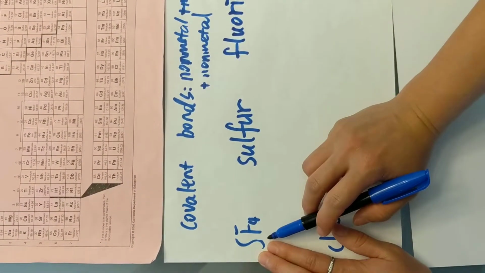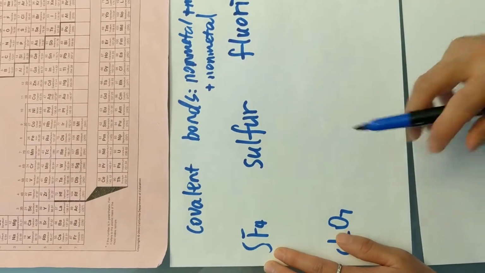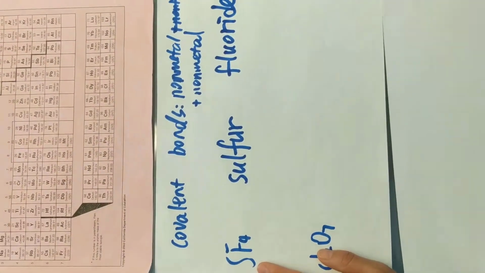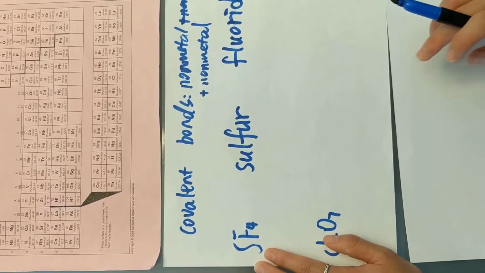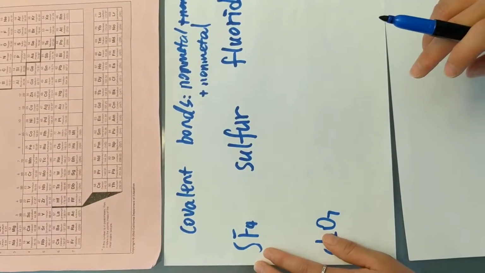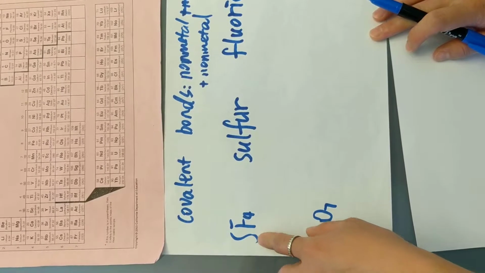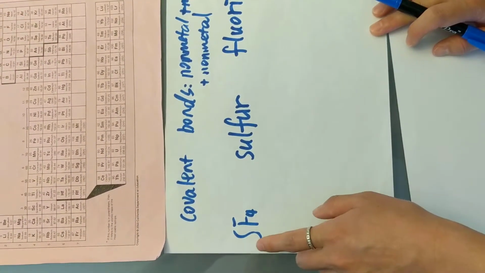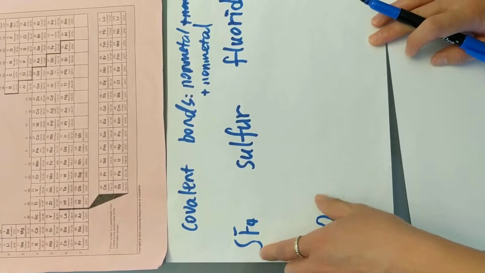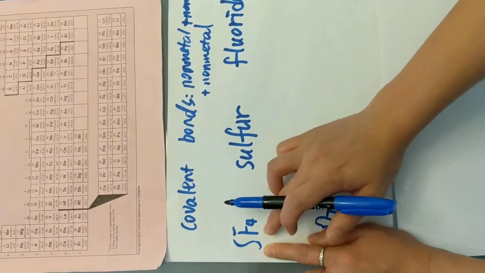How many sulfur here? It's 1. But pay attention. If there is only one in the first element, we don't put mono in front of the sulfur.